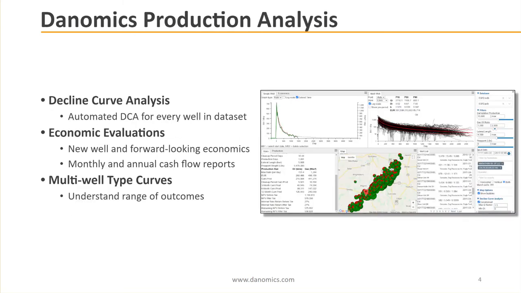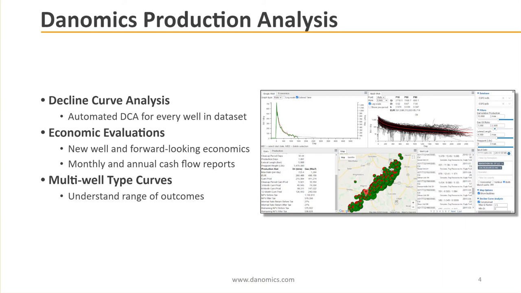We also have a decline curve analysis package. The decline curve analysis is really focused on automation. So you can go in, bring in your production data, and automatically decline out every well in your data set. This only takes seconds, even when you have hundreds or thousands of wells.